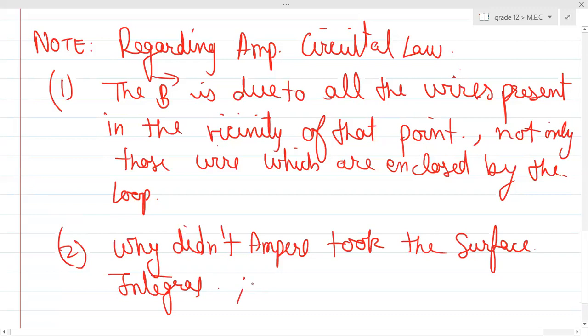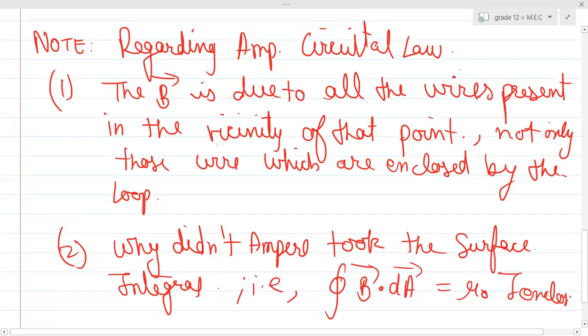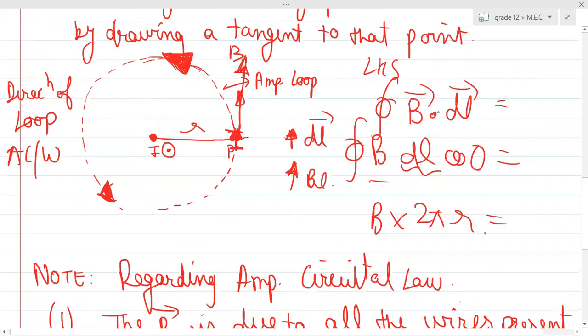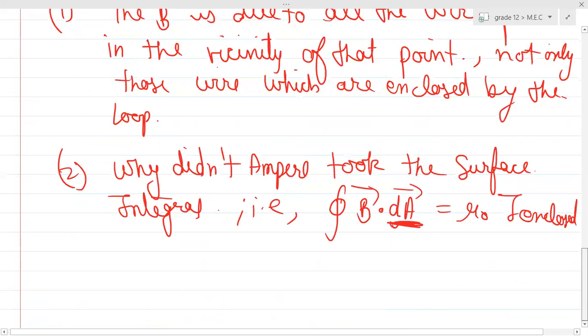That is, why didn't he say that B dot dA equals mu naught times I? Why isn't Ampere's circuital law like this? Why didn't he choose an area vector?